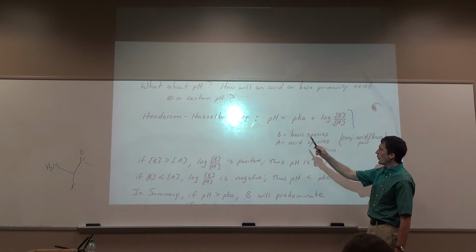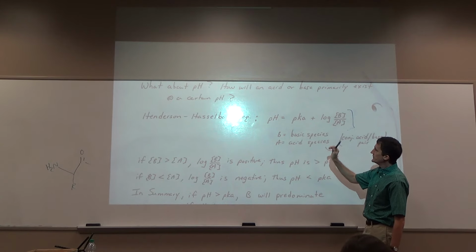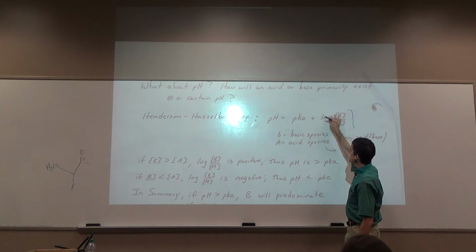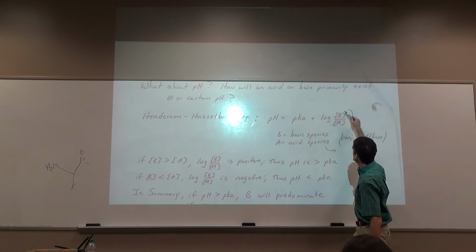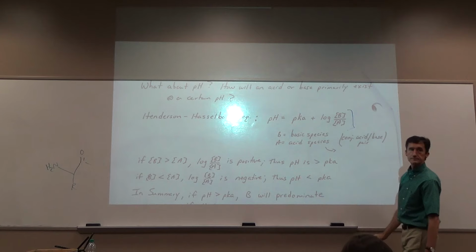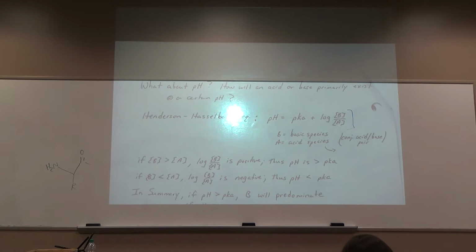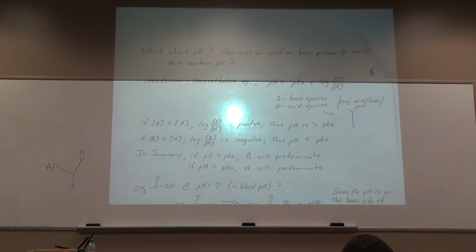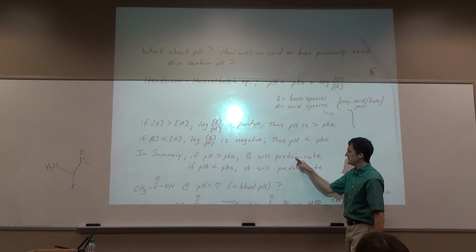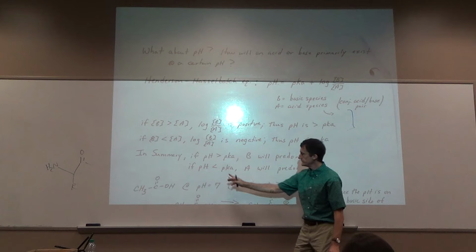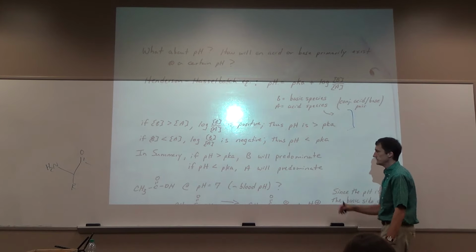If you're only missing one, then you can solve for that. Here's a take-home. If pH is greater than pKa, the basic species will predominate. If pH is less than pKa, the acidic species will predominate.